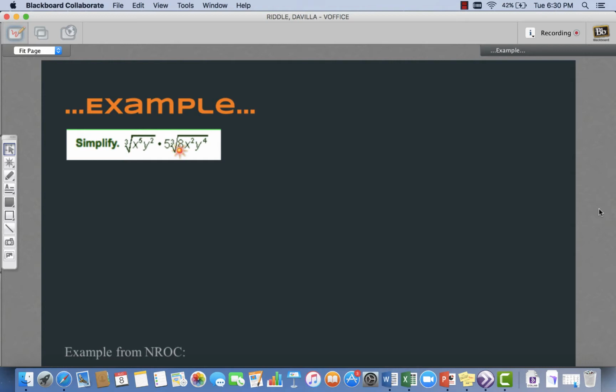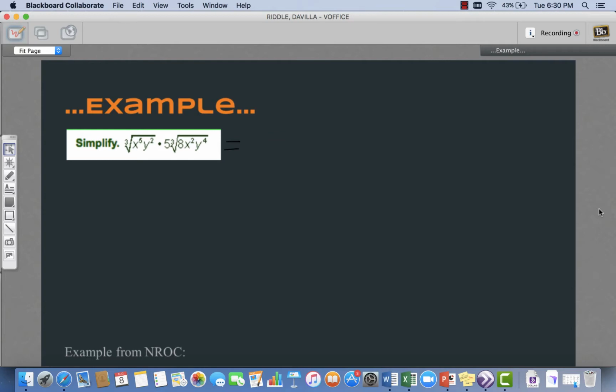So this is a little more complicated multiplication of radicals, especially with it being a cube root and two variables here. So I'll guide you through this one. So this turns out to be the cube root of x to the 5th, y to the 2nd power. Combine that with the other one there. So that 5 stays outside, whether or not I'm combining it.